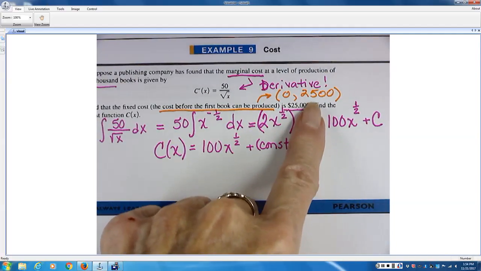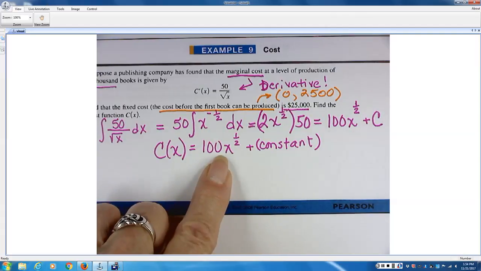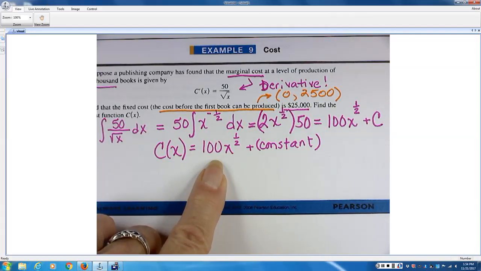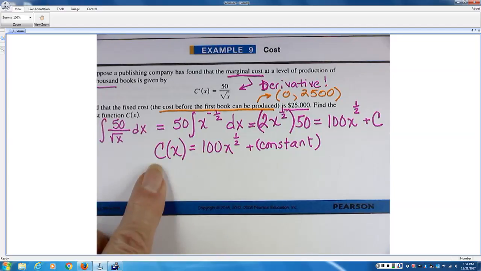So when you make no books, this becomes 0. And the value of your function at that point is $25,000.